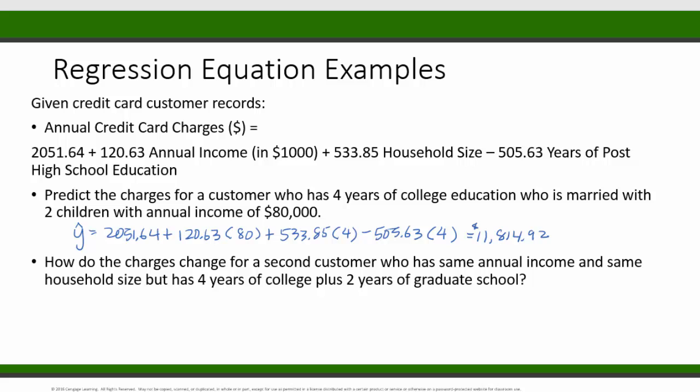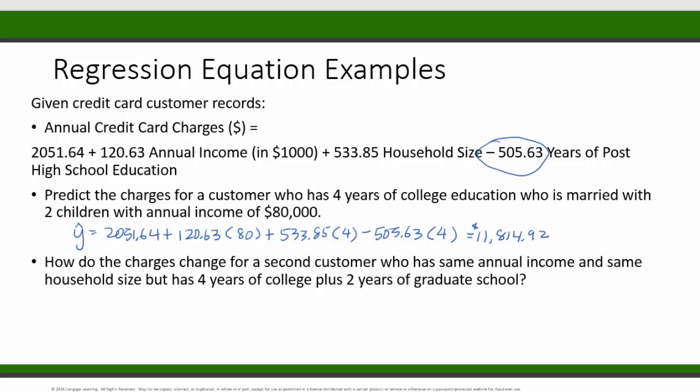Now let's say you have another customer who makes the same amount of money and the same number of people in the household, but went to graduate school for 2 years. So post-high school education is 6 years for this new customer. Without plugging all the values again, we could just look at the coefficient of the post-high school education right here.